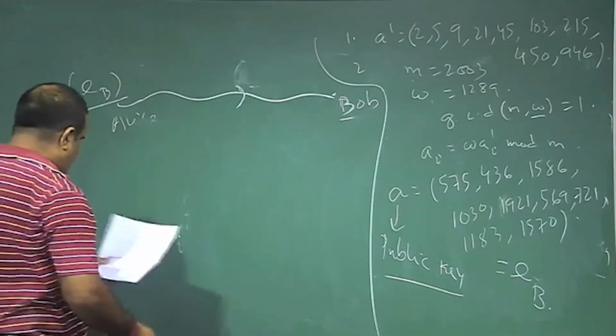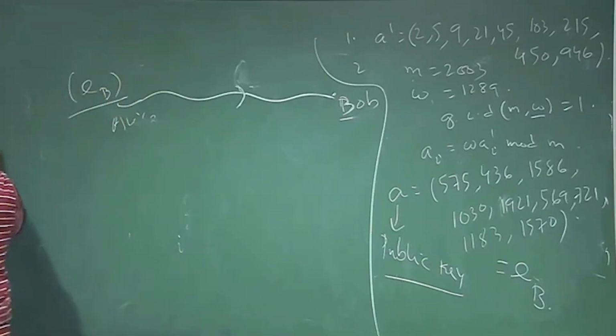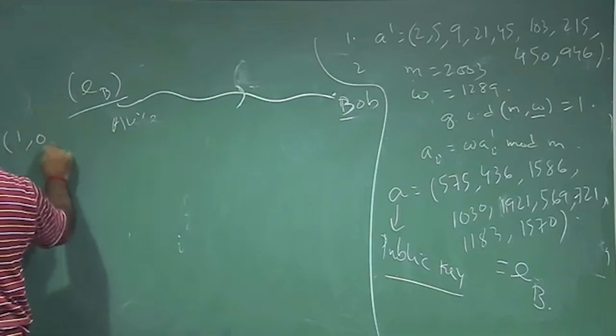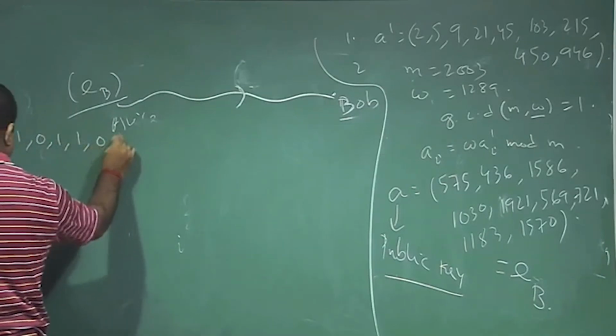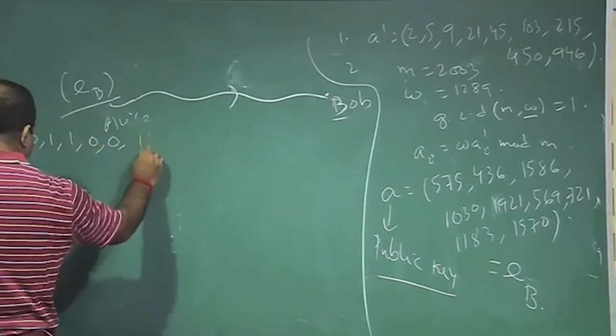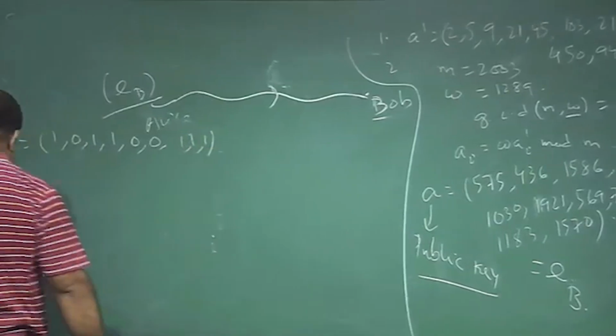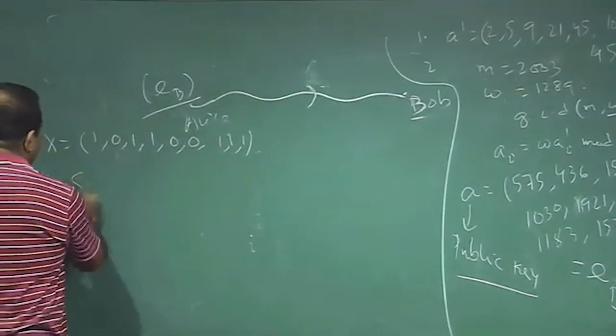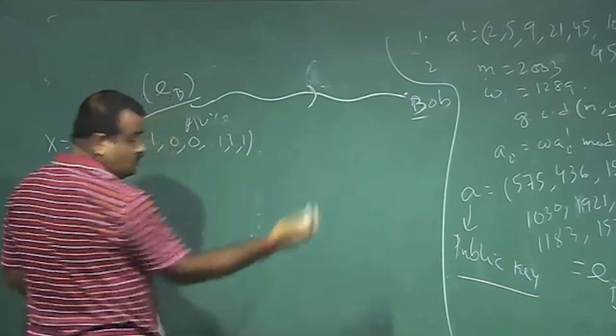Now suppose Alice chooses some message X, say 1011001111. Okay, now Alice has this public key of Bob, which is no more super increasing.